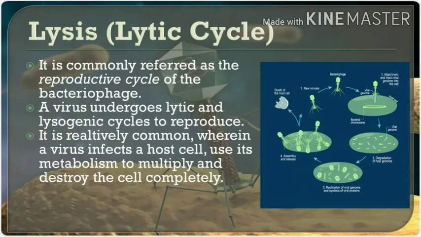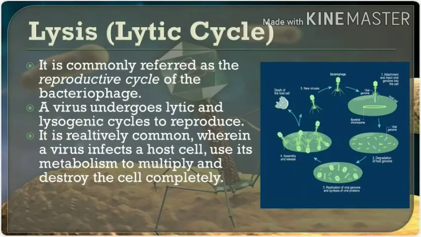It is relatively common wherein a virus infects a host cell, uses its metabolism to multiply, and destroys the cell completely. This lytic cycle is one of the two cycles of viral reproduction, referring to bacterial viruses or bacteriophages, the other being the lysogenic cycle.